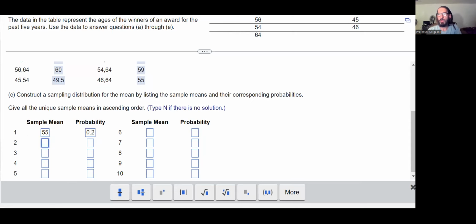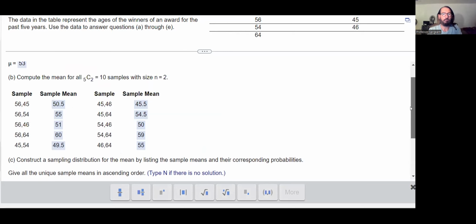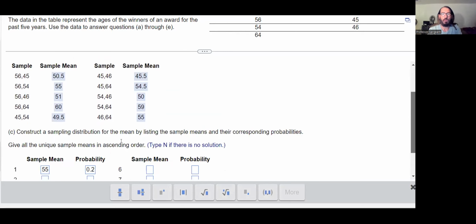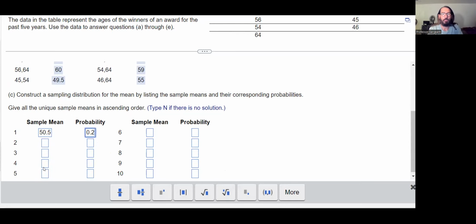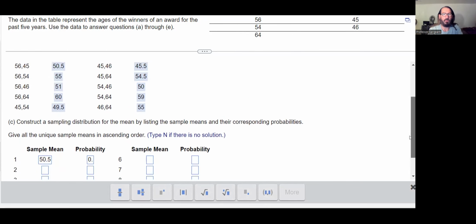The next one I came up with was, sorry, not sure about what order they want this in. So if I put the 50.5, that only showed up 1 time out of the 10.